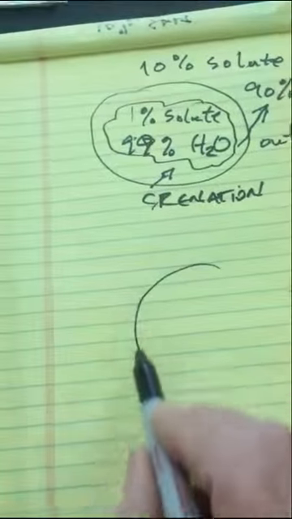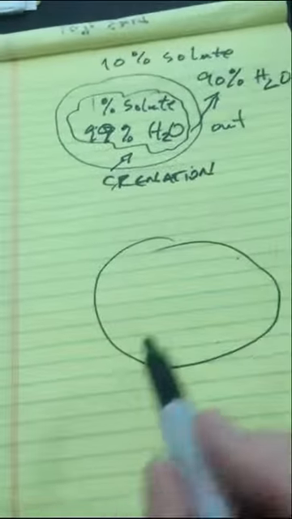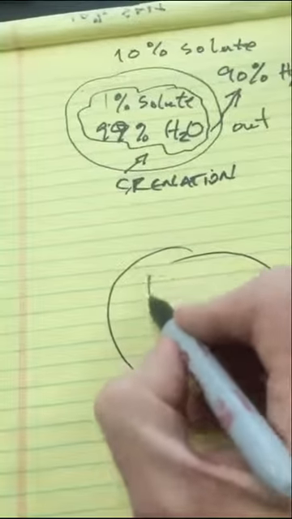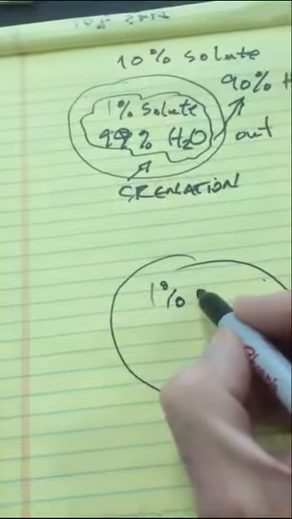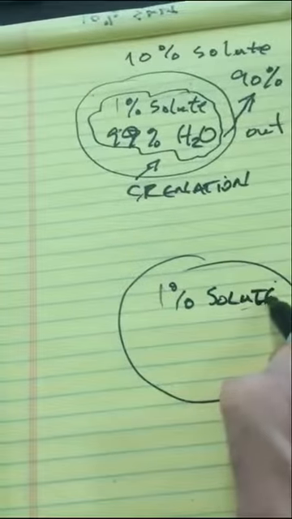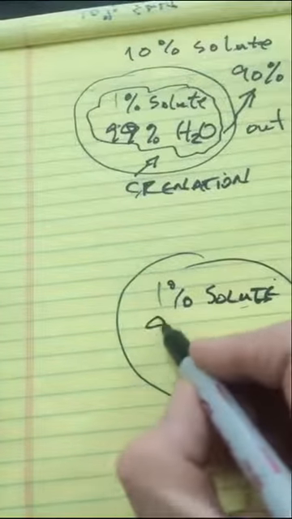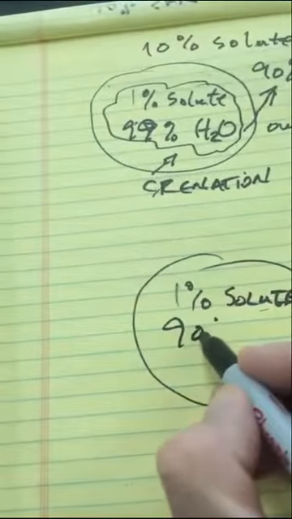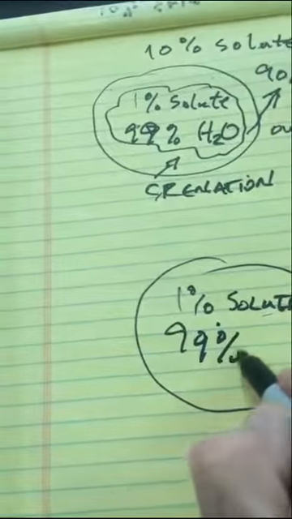Okay, so let's look at the other situation where we have an animal cell. Again, the interior is approximately 1% solute. Inside the cell, we have a 99% water.